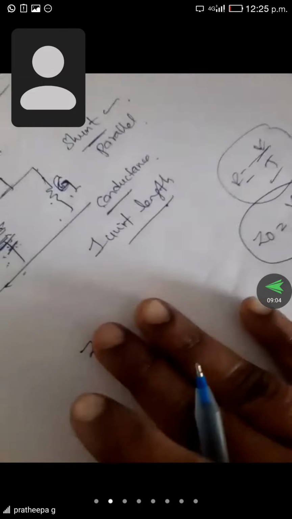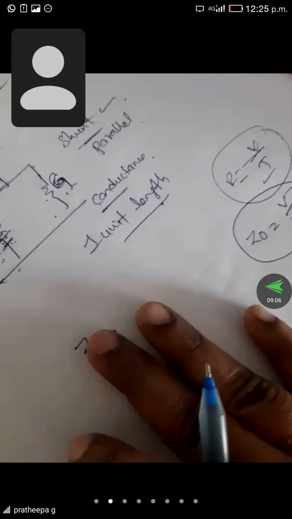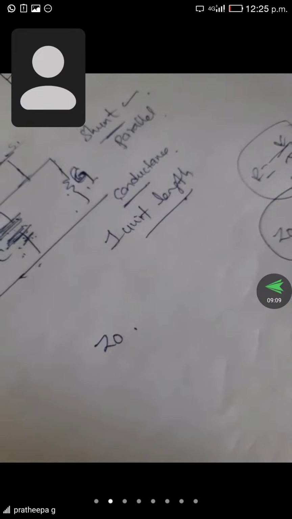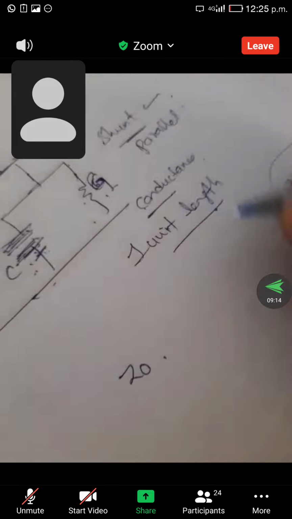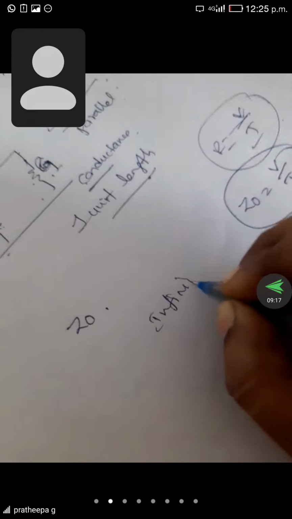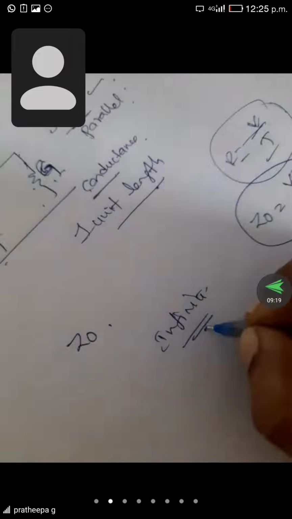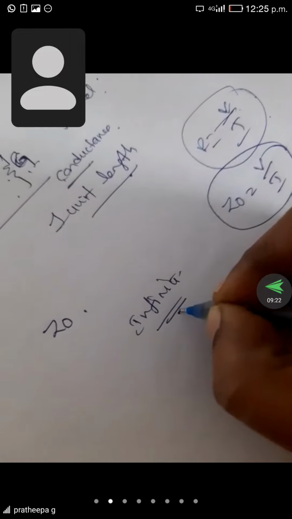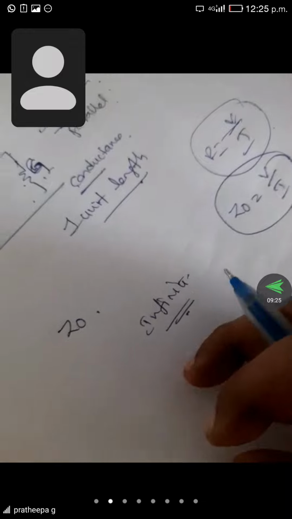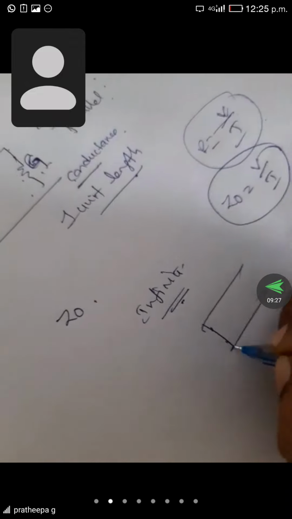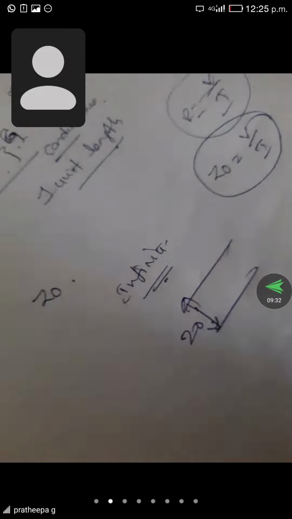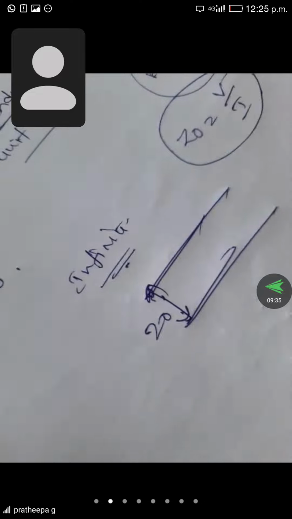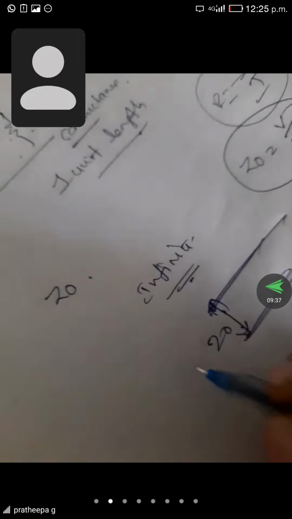So in the transmission line, what is characteristic impedance? If the transmission line is infinite, we consider an infinite transmission line. Then the impedance measured at the input terminals of the transmission line. It is the input terminals, it is the output terminals.